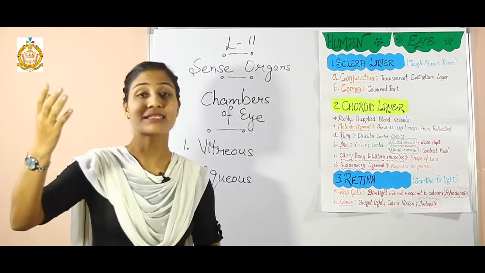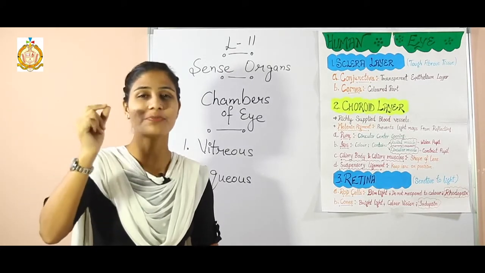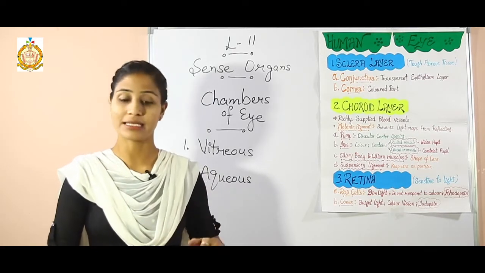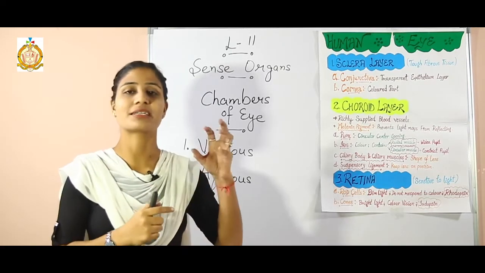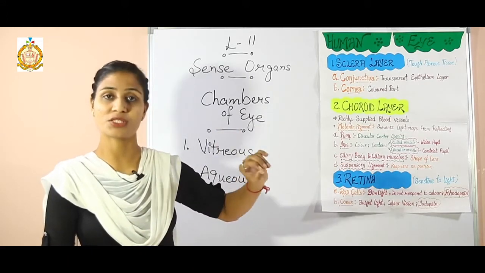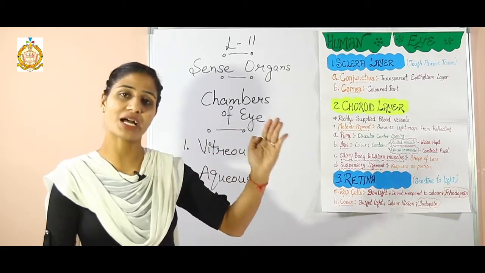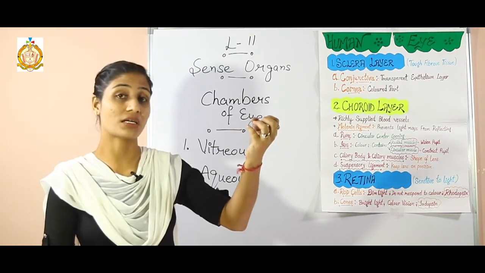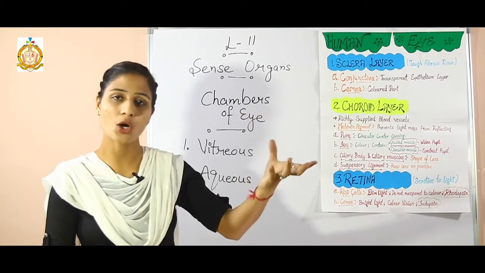Now the brain, having received the information, will interpret which object your eyes are seeing. Like this is a book, this is a table, this is a dice, this is a blackboard. So you are getting the information after the interpretation of your brain. That's why, in this way, your eye is able to see, and this is how we are seeing the objects.